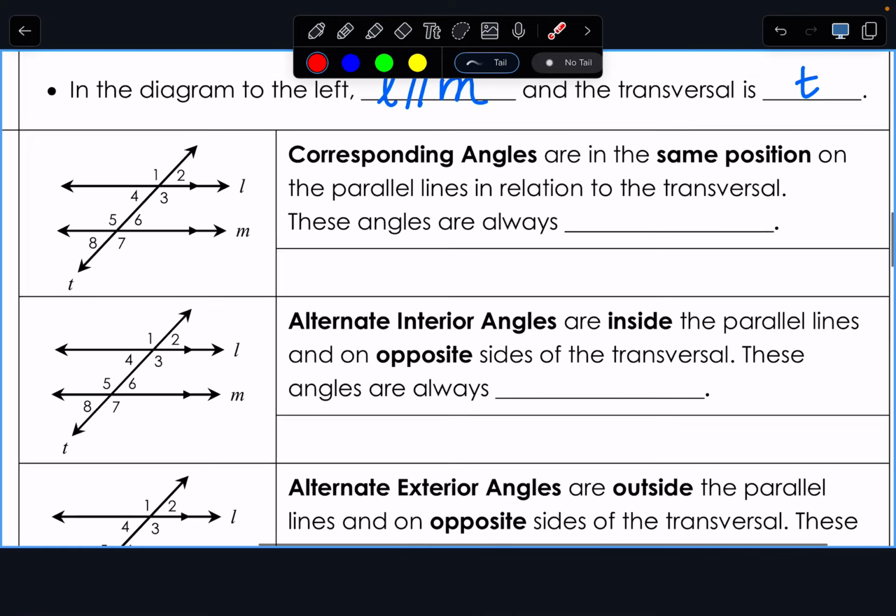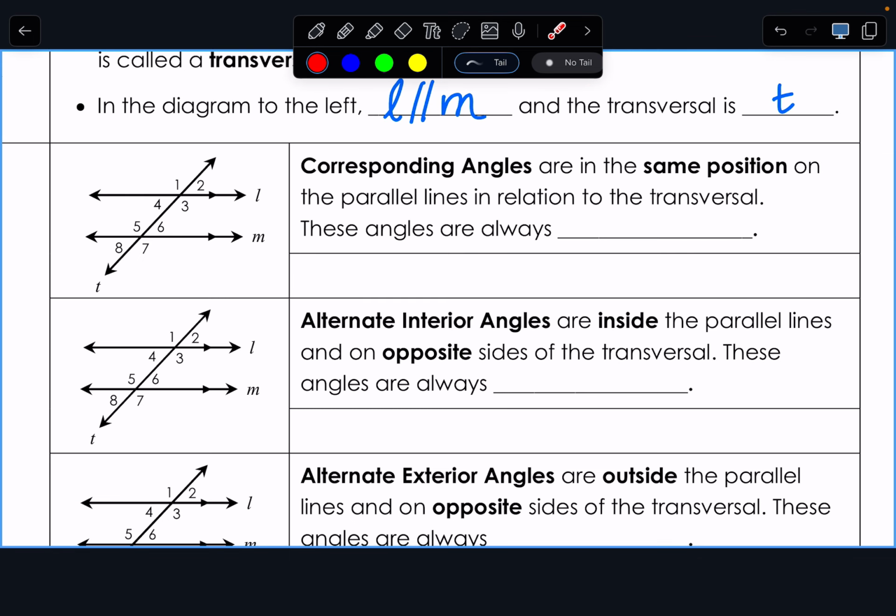So, corresponding angles means we are in the same position. So, if we're talking about, don't do what I'm doing quite yet. I'm just doing this for you to see. So, we have the 2 blue parallel lines and the red transversal.